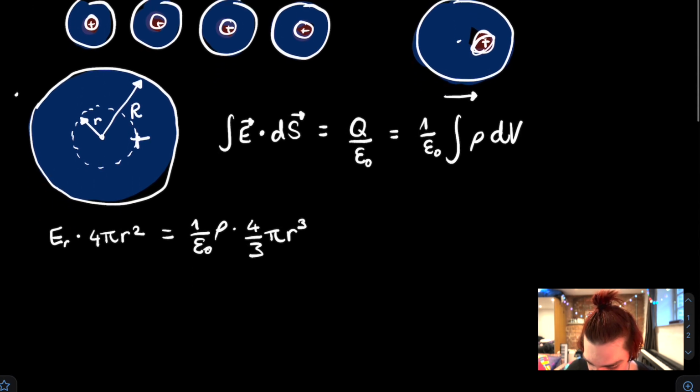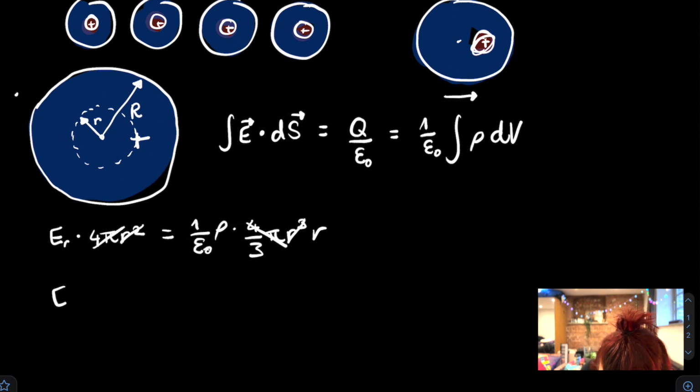So as you can see, a lot of stuff is going to cancel. The 4 pi's on both sides cancel. This r squared cancels with 2 of the r's over here, so you're just going to get r. So all that's left is that the electric field is simply equal to rho, the charge density, multiplied by r, divided by 3 epsilon naught.